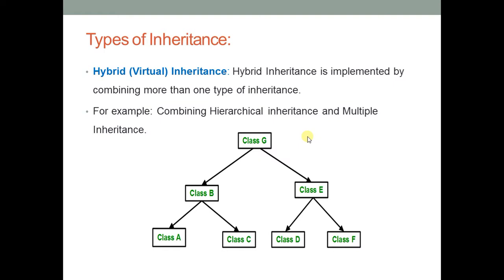That means when we call it hybrid inheritance, there will be different types of inheritance present in a program: we can have single inheritance, multiple inheritance, multi-level inheritance. That means more than one type will be present in a particular program, and that is known as hybrid inheritance.